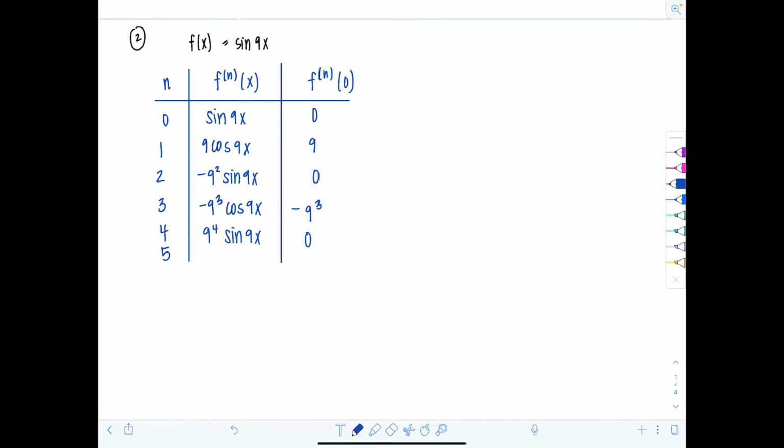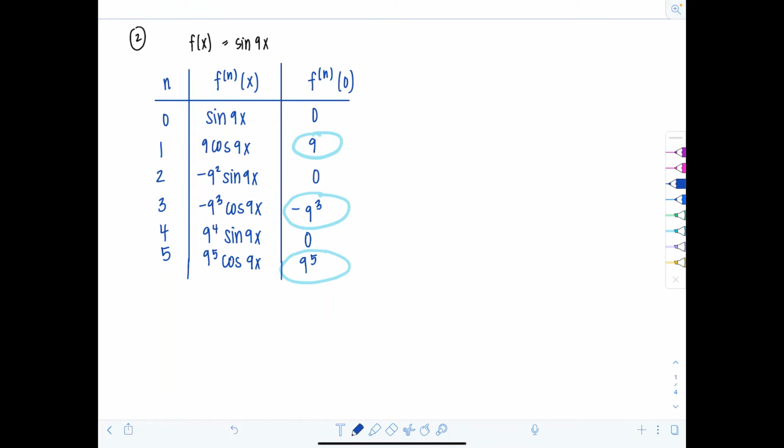And then fifth derivative is 9 to the 5th cosine 9x, which is 9 to the 5th. So in this case, I took more derivatives because every other one was 0. So really, these are the only ones that are going to help me when I'm listing out each of the terms in my Maclaurin series to try to recognize the patterns. The others are gone.